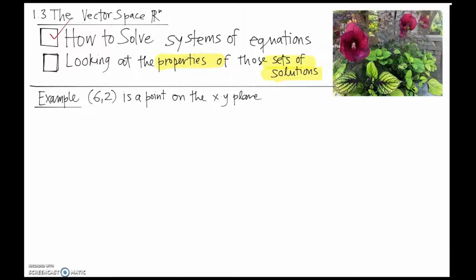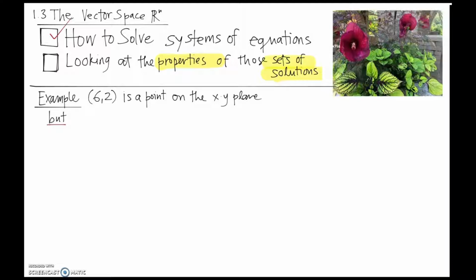Before we start talking about the properties of sets of solutions, we need to get a little bit of vocabulary down. So we're going to take a look at this example. The ordered pair 6, 2 can be thought of as a point in the xy plane.